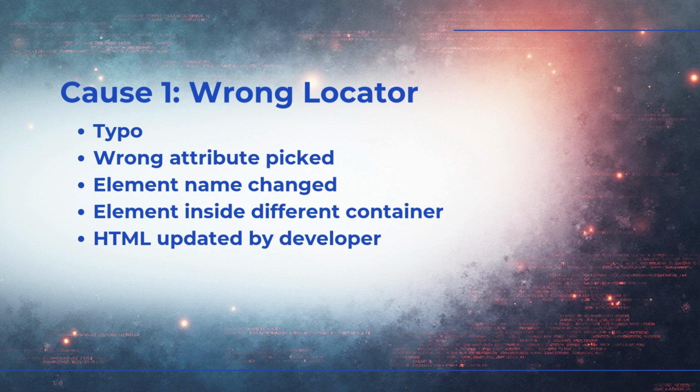In other words, Selenium searches for something that literally doesn't exist in the DOM. This is why the first debugging question is always, is your locator actually correct? A large part of NoSuchElementException arises simply because we automated the wrong selector.